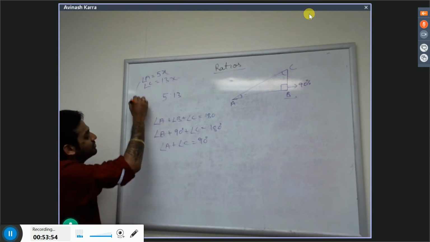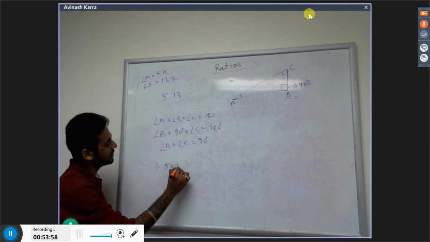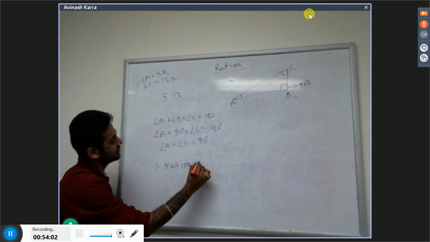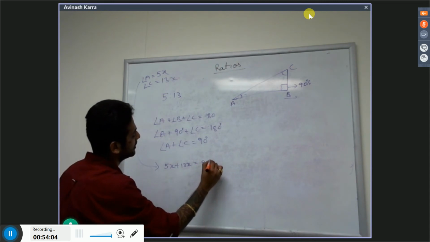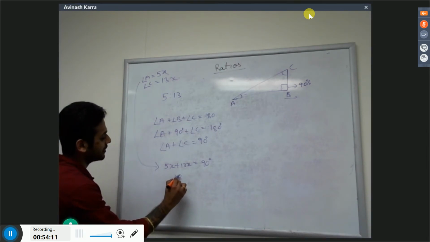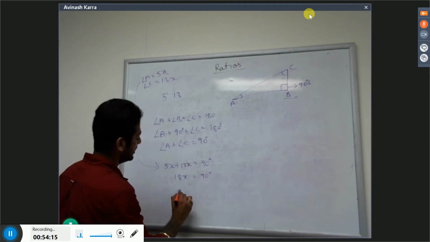So if I substitute these values in this, 5x plus 13x is equal to 90 degrees. What is 5x plus 13x? 18x is equal to 90 degrees.